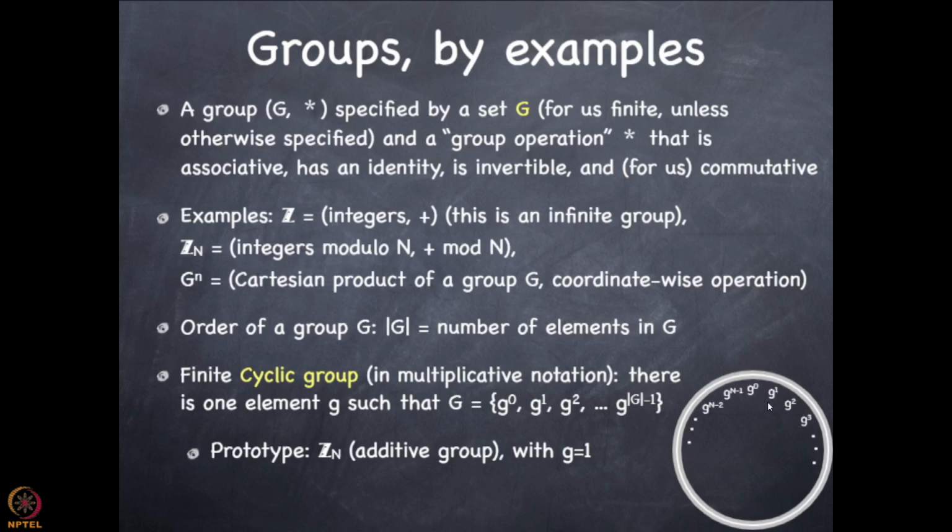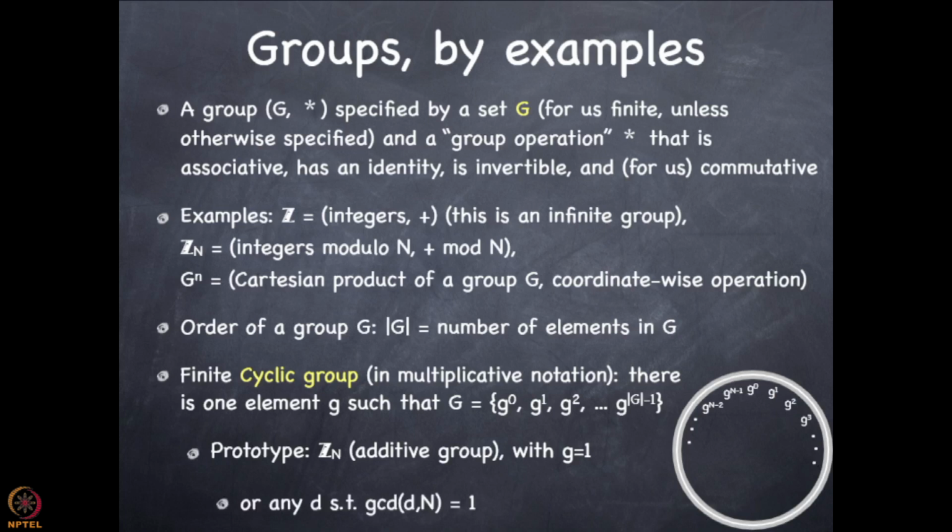You start with the identity element at the top, you multiply by g, you move one step clockwise. When you have g to the n minus 1 and multiply by g once, you will get g to the power n, which is the identity element. That will always be the case, but what's important here is that you will not hit the identity element before that. That's what a cyclic group entails.